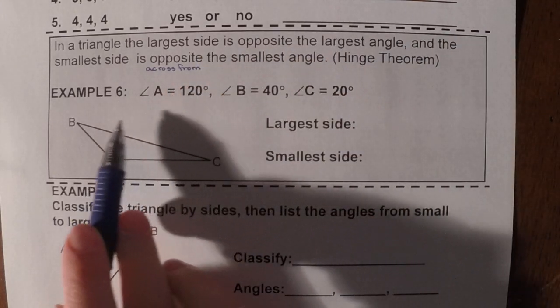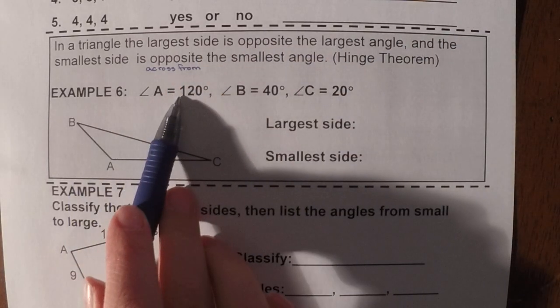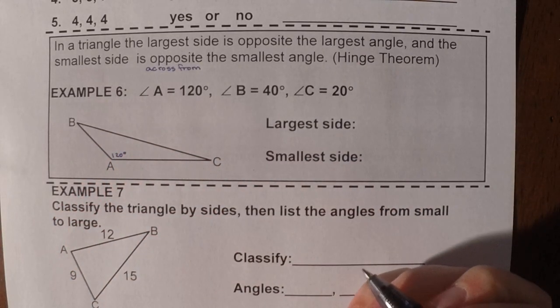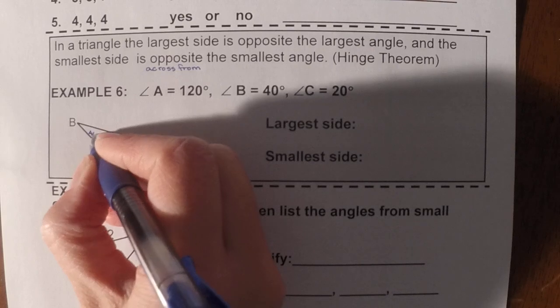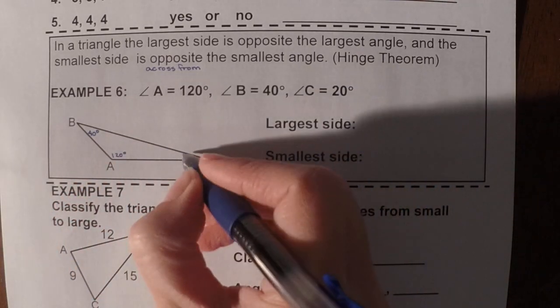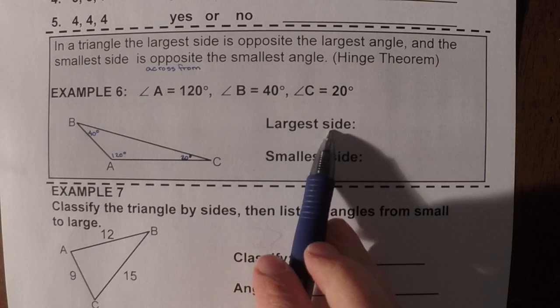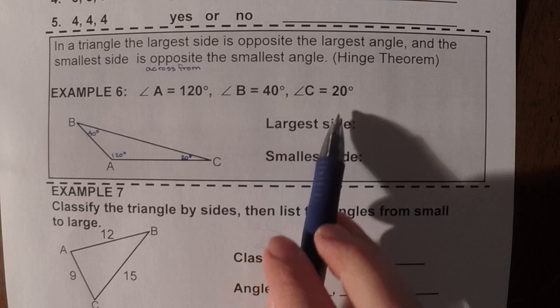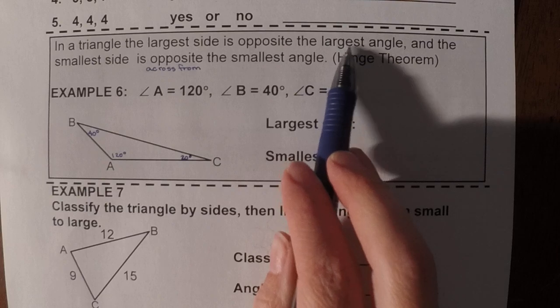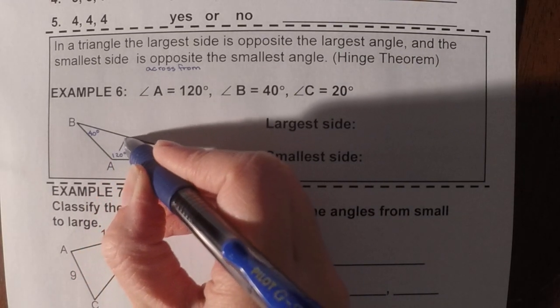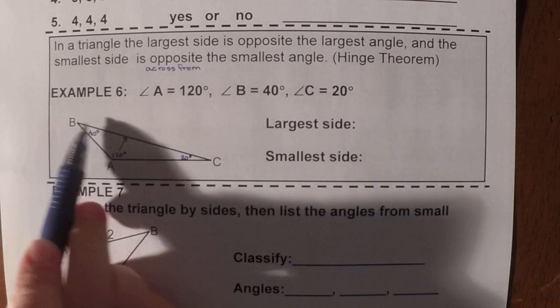So if I'm looking at this triangle, it says that angle A is 120 degrees. And it says that B is 40 degrees and C is 20 degrees. So the largest side is supposed to be across from the largest angle. Well, the largest angle is A. The side that is across from that is BC.